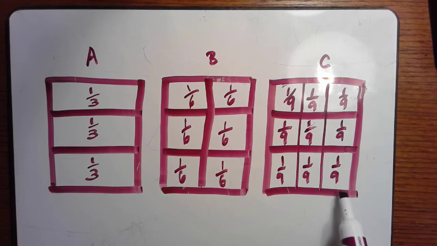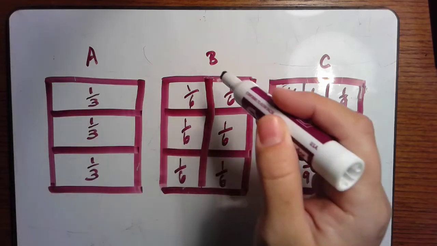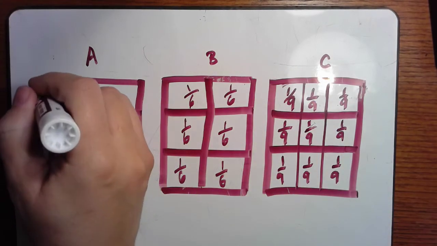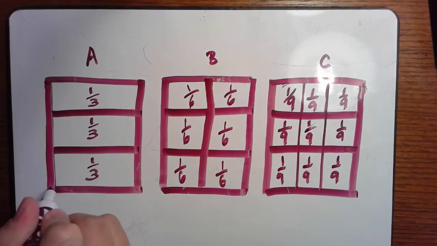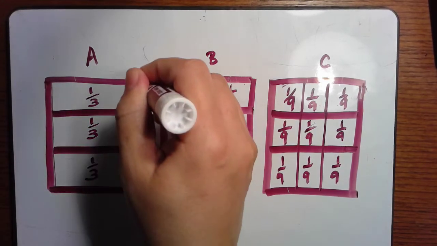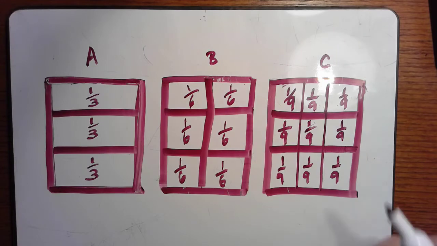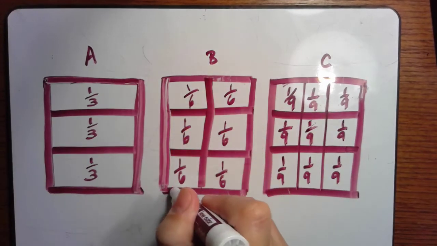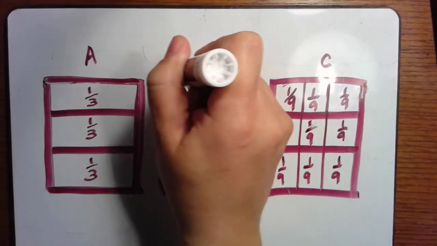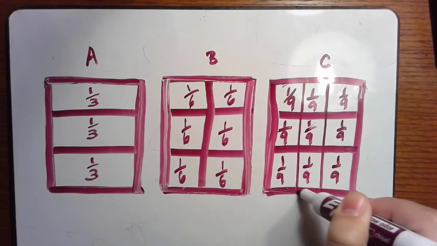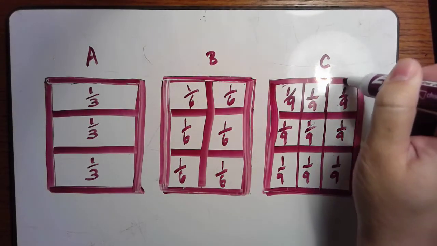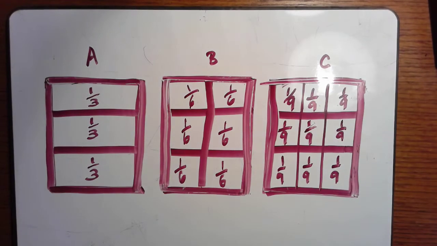And so they are different sizes and they are different units, but something is the same, and that is the size or the value of the whole. When I split my rectangles into different sizes, I never changed the value of the whole thing, did I? Each of these still has the same value, or the same size, or the same worth. I just changed the number and size of units on the inside of the whole.